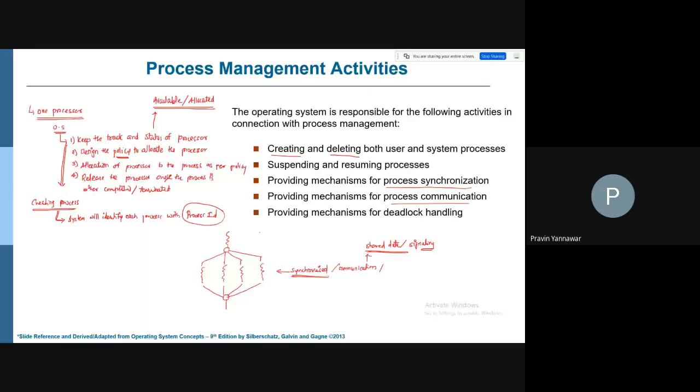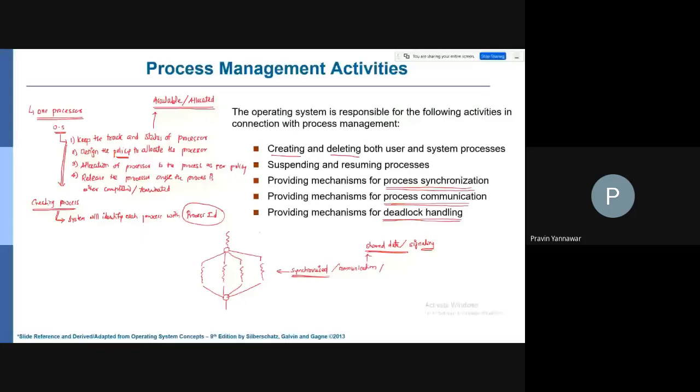Deadlock is going to happen, right? So I am holding the resource, and I am not adhering to the agreement that once my job is over, once my work is over, I am going to release the resource, but I am not in a position to release it. My job is over. Okay, so in that case, deadlock is going to arise, and we need to work with deadlock management.